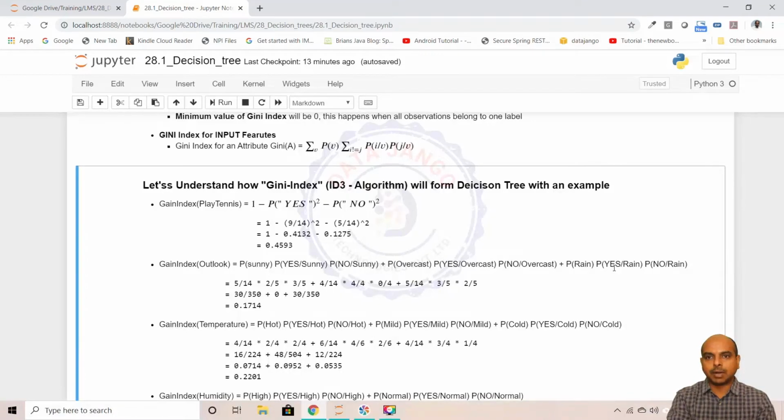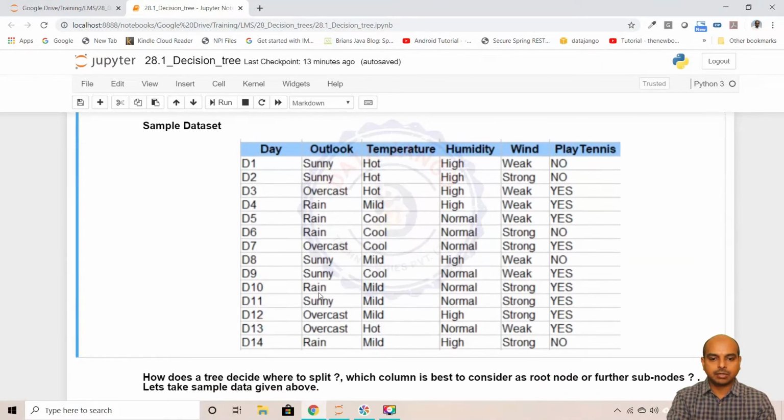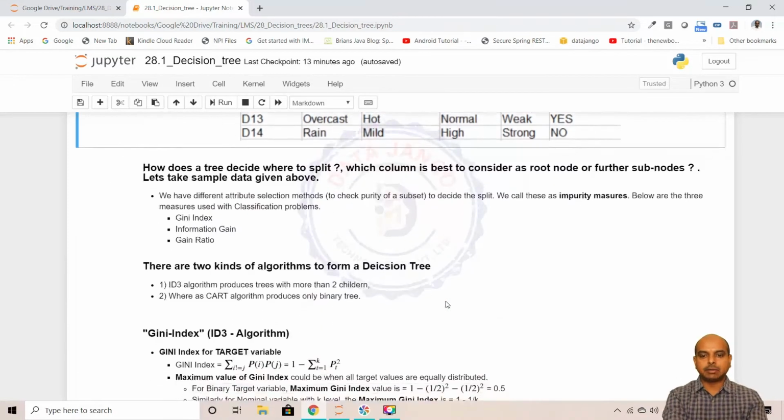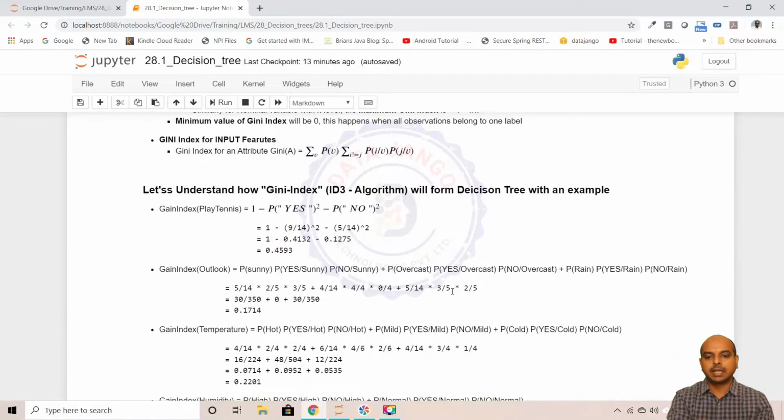But the third one, probability of rain. How many rains are there in this column? 1, 2, 3, 4, 5. 5 by 14 is the probability of rain. And probability of yes given rain: 1, 2, 3. 3 days they were playing when it was raining. So 3 by 5 and 2 by 5.